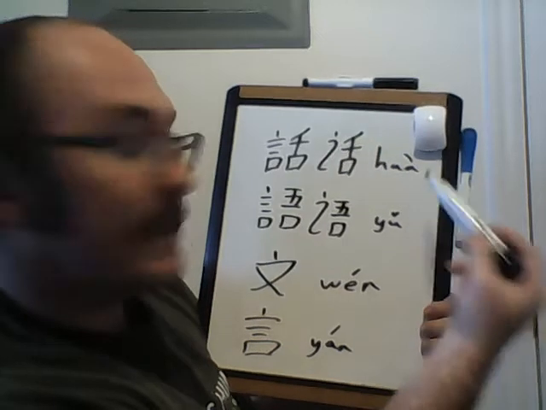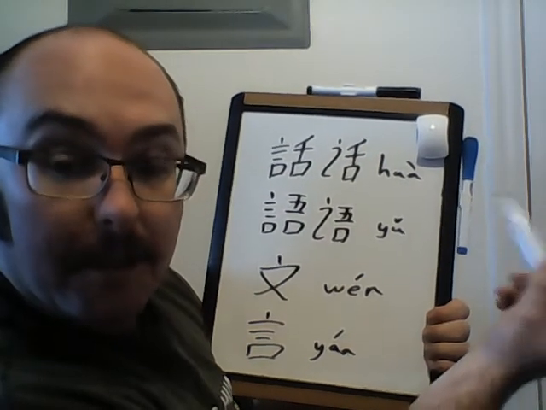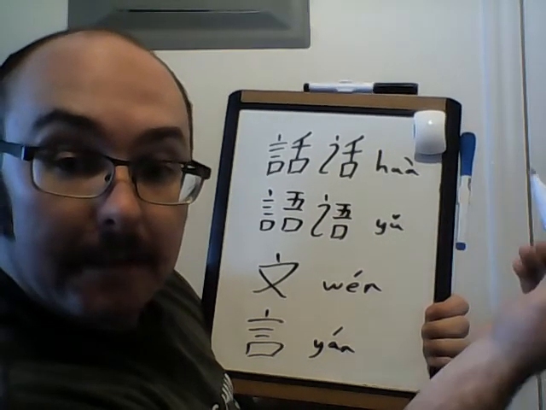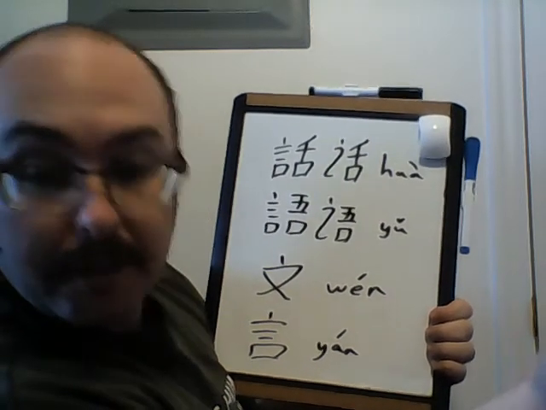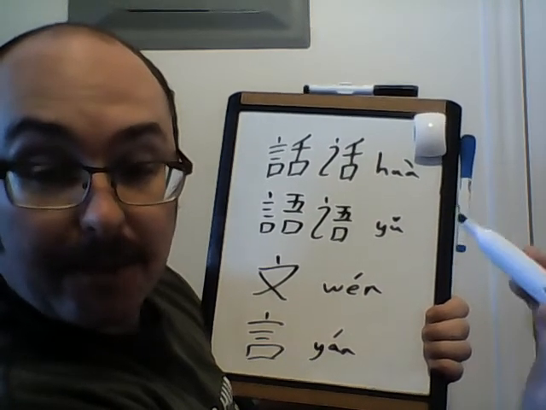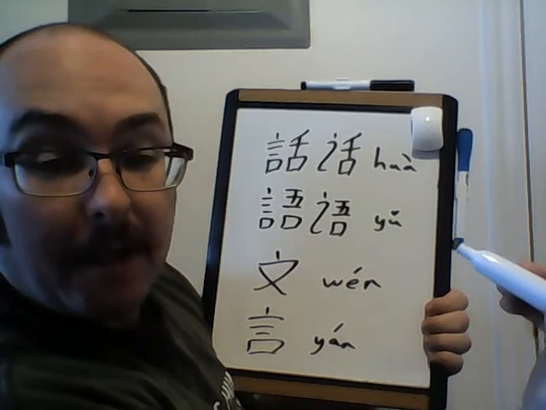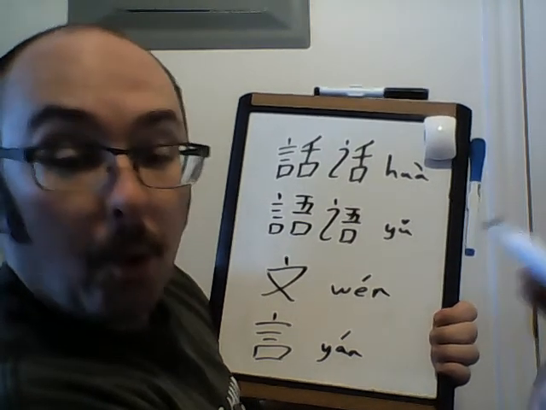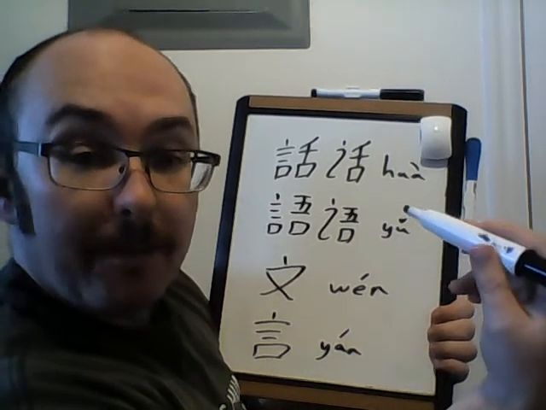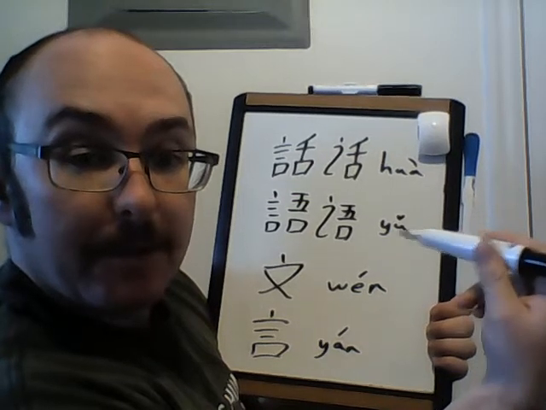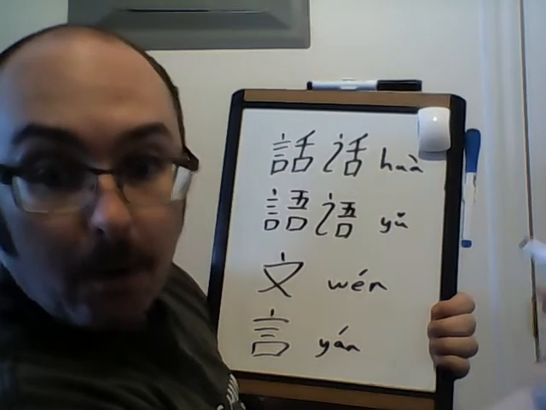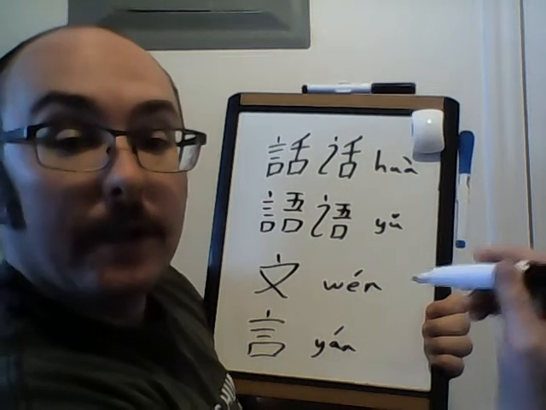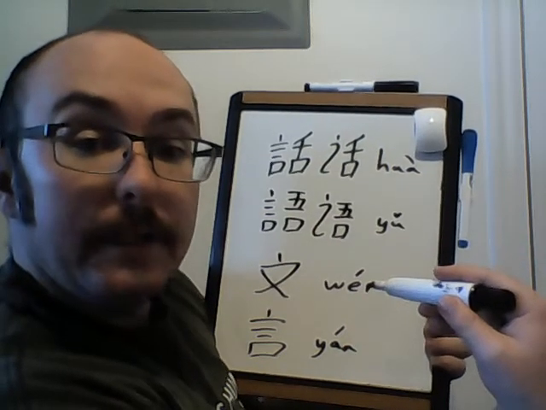But you can add most of these to the end of a country's name to get the name of a language if it's associated with that country. And in some cases, if it has 国 in the name, you can drop the 国 and replace it with 语 or 文. It's like 中国, China, 中国 is 中文.